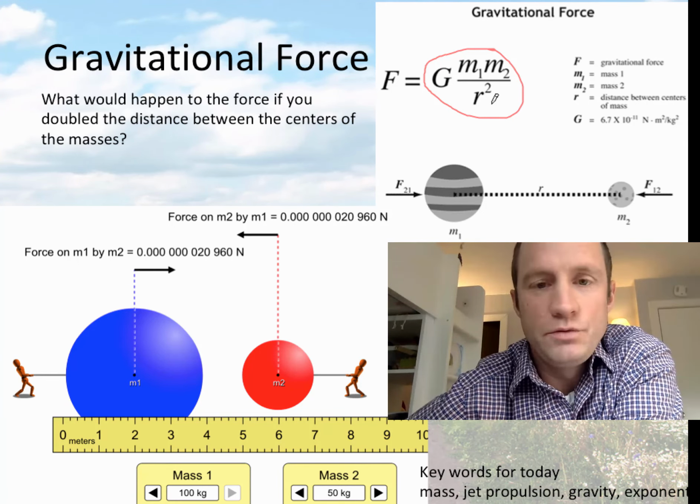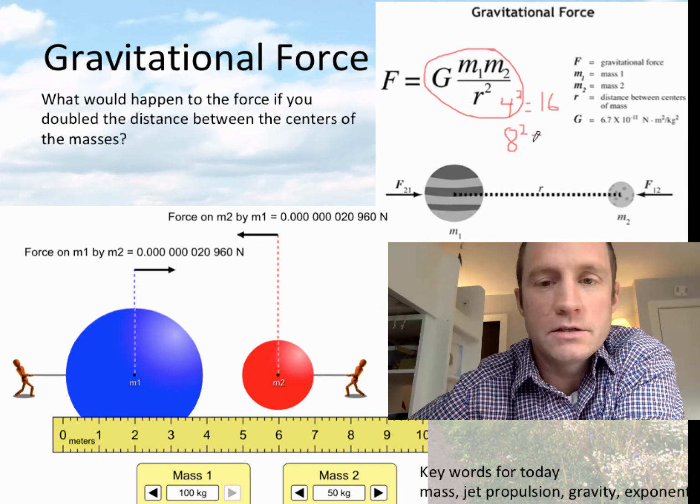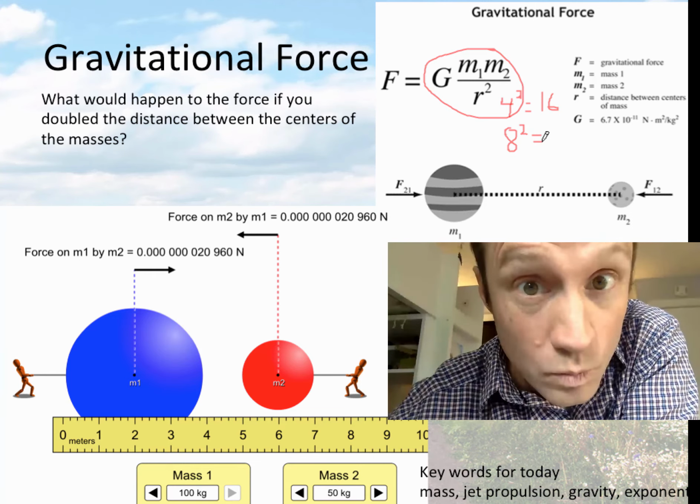Which means that if you double the distance, let's say from 4, if r equals 4, then r squared is going to equal 4 squared, which is what? 16. Hopefully you know your times tables. 4 times 4 is 16. And if we double that r to make it 8 meters, and we square that, 8 squared, or 8 times 8, is what?